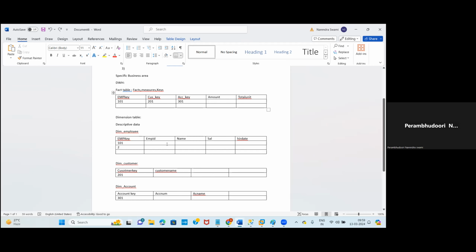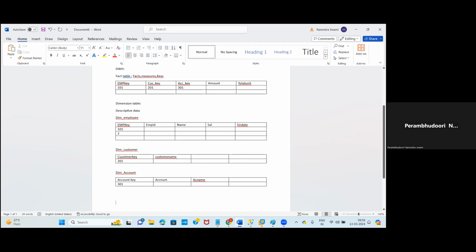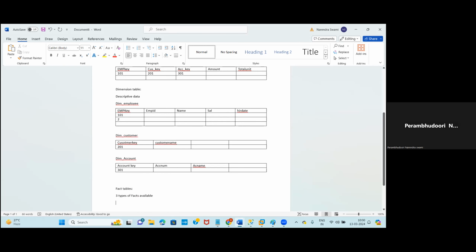So now we'll see the different types of facts and dimension tables. In today's class, we are going to see about the fact tables. We have three types of facts available. One is additive fact.